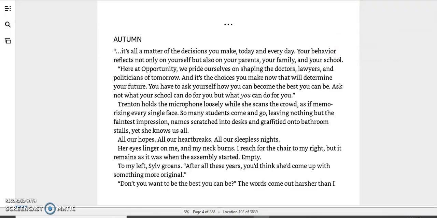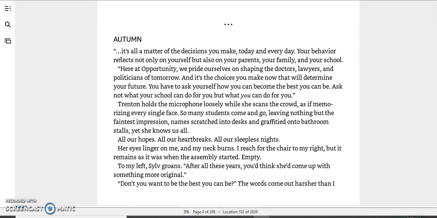Autumn. It's all a matter of the decisions you make today and every day. Your behavior reflects not only on yourself but also on your parents, your family, and your school. Here at Opportunity, we pride ourselves on shaping the doctors, lawyers, and politicians of tomorrow. And it's the choices you make now that will determine your future.